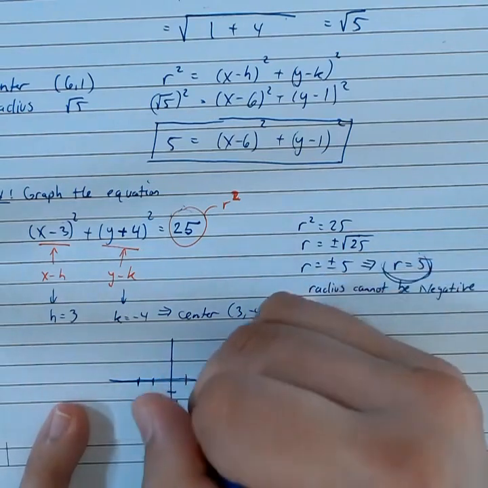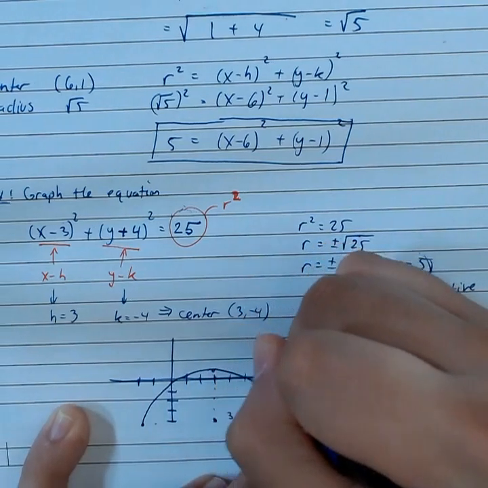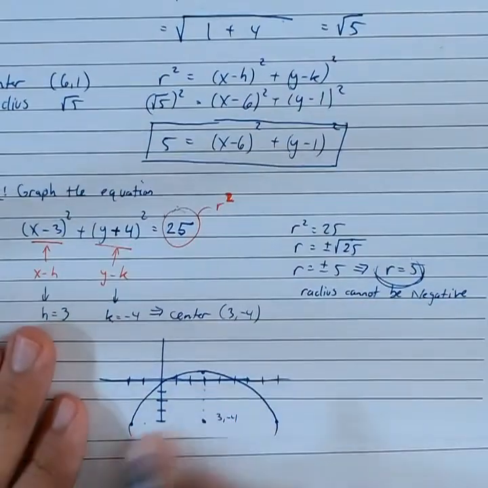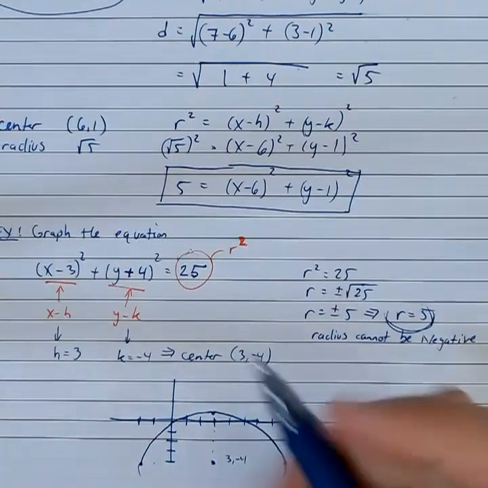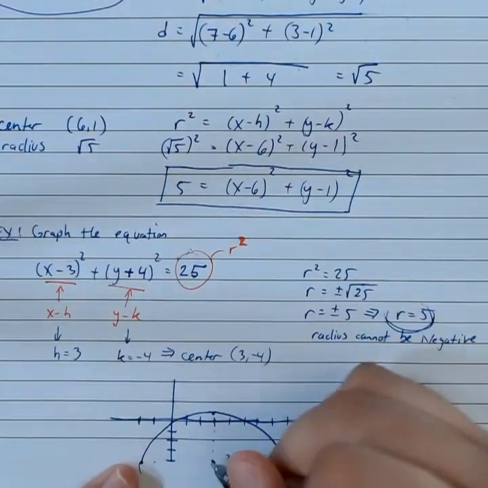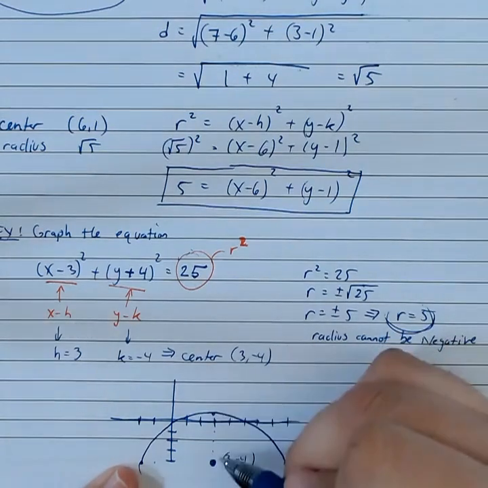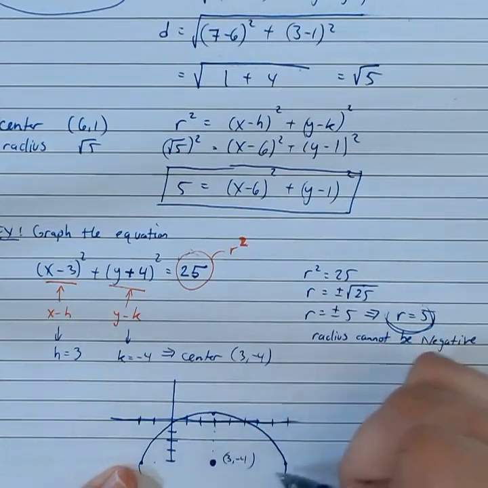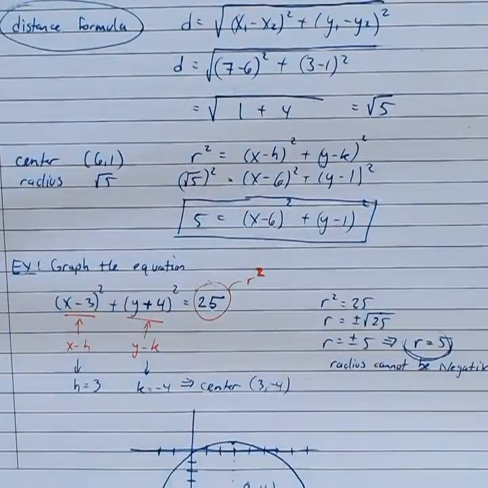Then you would connect your dots to form your circle. This should be a full circle. I just ran out of paper here. That's the edge of my paper. So there we go. Once you find your center and your radius, from your center, take however many steps you need to. You don't have to grab a ruler. Just go 5 steps up, 5 steps down, 5 steps left, 5 steps right, and connect your dots. Just like that.